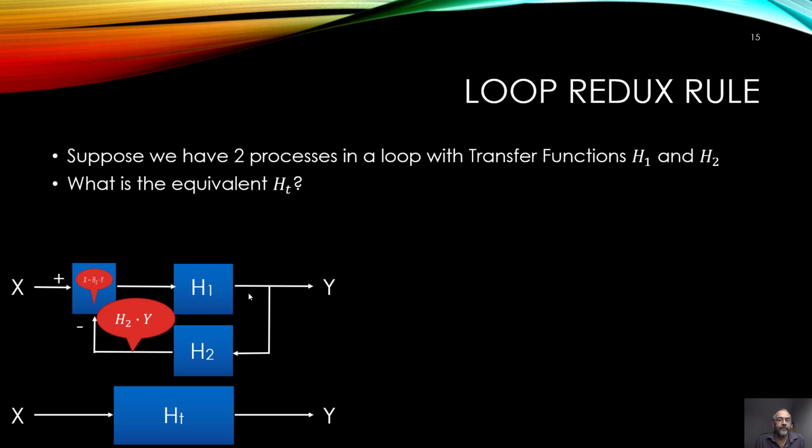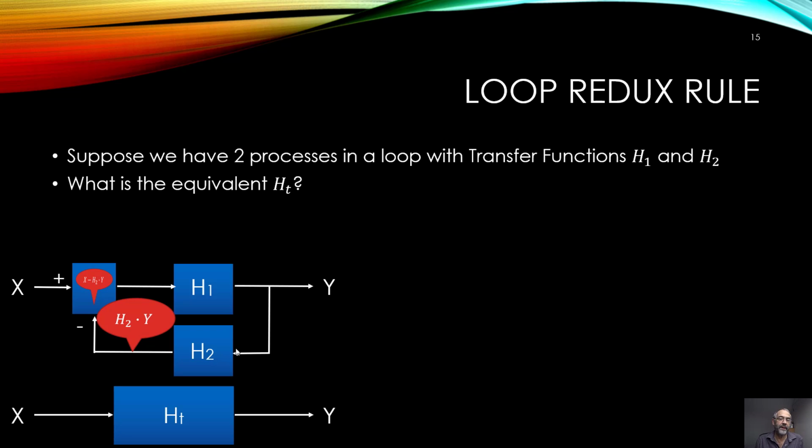If you look, for example, at H2 first, the input of H2 is Y, because it's connected to the Y output. So the output of H2 must be H2 times Y. That's how it works. For any system, the output is the input multiplied by the transfer function.